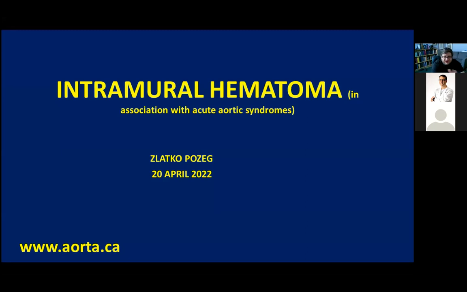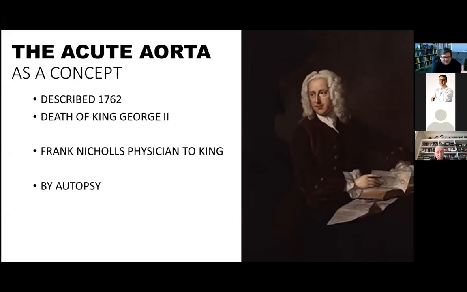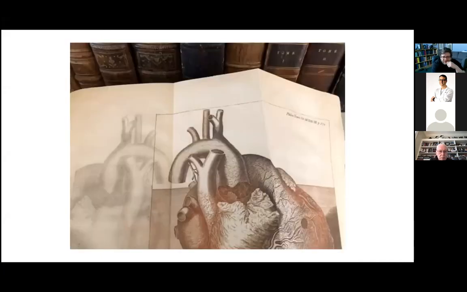You can't discuss intramural hematoma without including it in the spectrum of acute aortic syndrome, because that's really what it is. The concept of the acute aorta has been known for hundreds of years, and there are illustrations to depict it. I always find it interesting to see these illustrations in early history books.